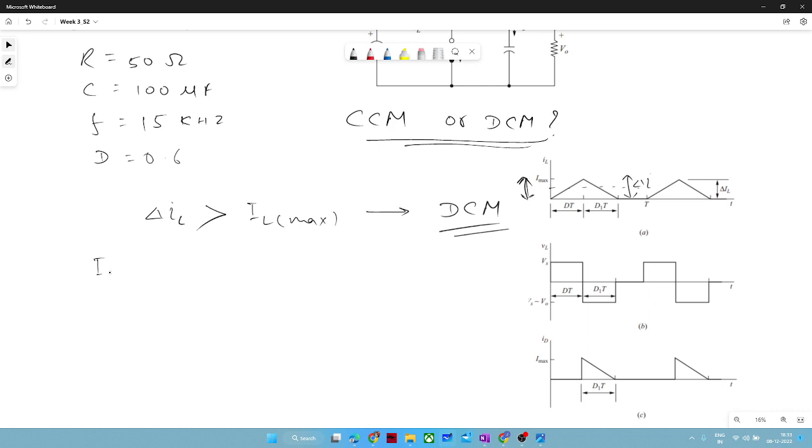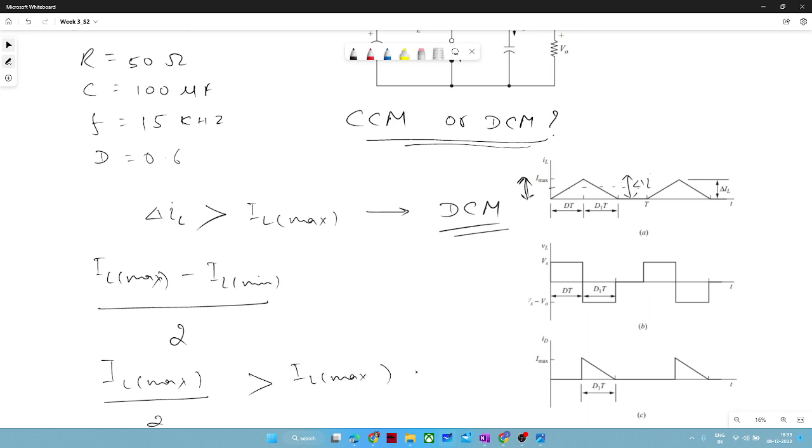IL max minus IL min by 2, right? If you equate it, IL max by 2 is greater than IL max minus IL min by 2.